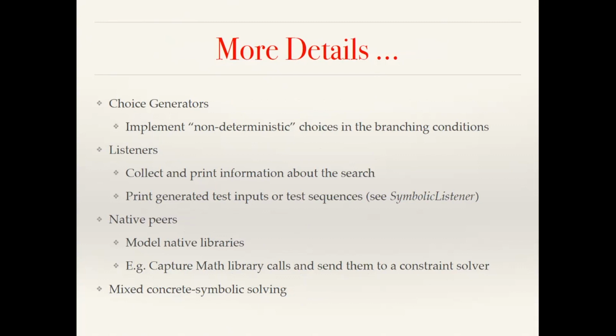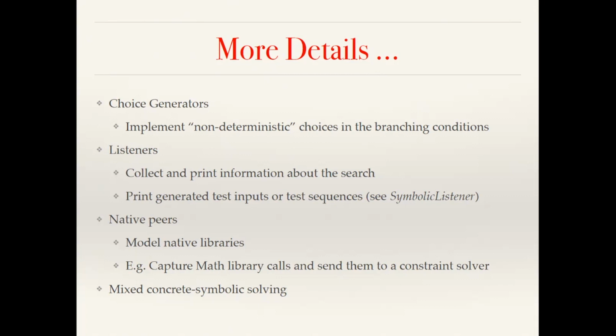An essential mechanism for us to implement symbolic execution and lazy initialization is to use non-deterministic choices. As you remember, we have that symbolic execution tree, and then you have to examine both possibilities. So you can see that as a non-deterministic choice in the search space.